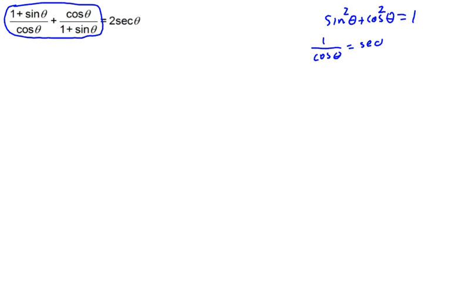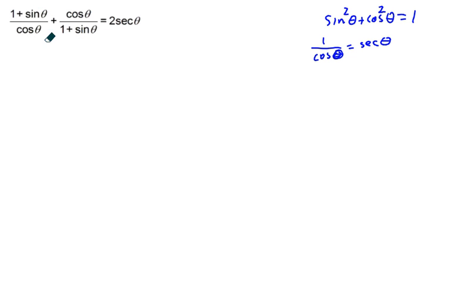So basically, the secant and cosine trigonometric ratios are reciprocals of each other. So those are the things we're going to be using here, and basically our algebraic skills and simplifying.